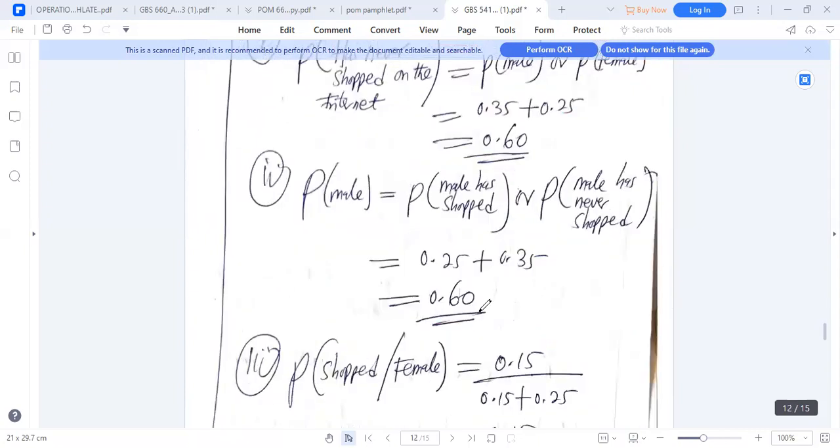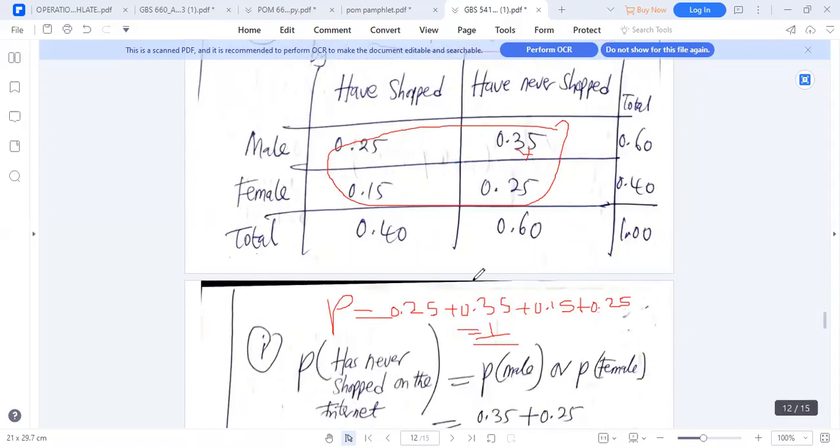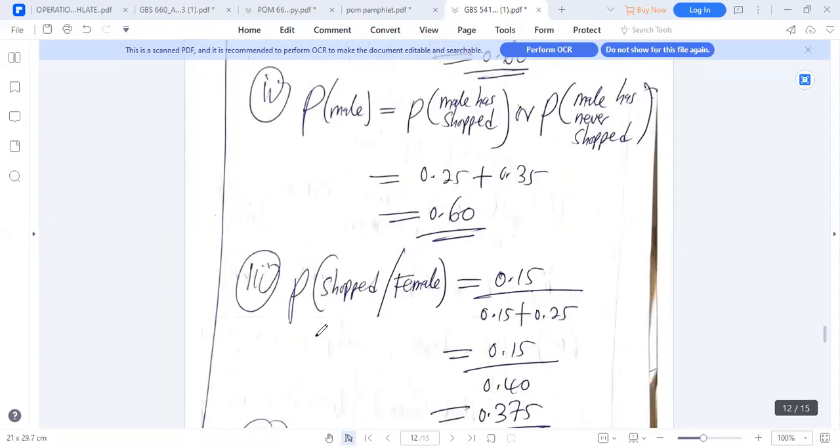Probability that he has shopped given that he is female. So it's a conditional probability. We are saying the probability of shopping given female is equal to the probability of shopping intersection female, over the probability of female.